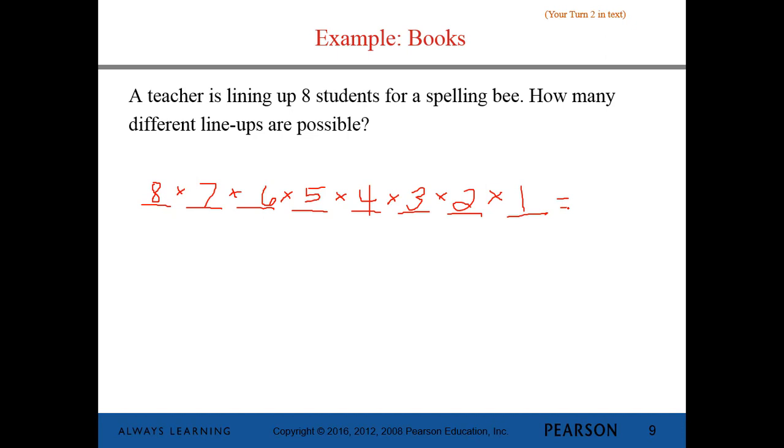So all we do is 8 times 7 times 6 times 5 times 4 times 3 times 2 times 1.